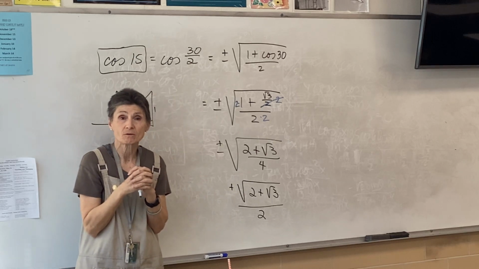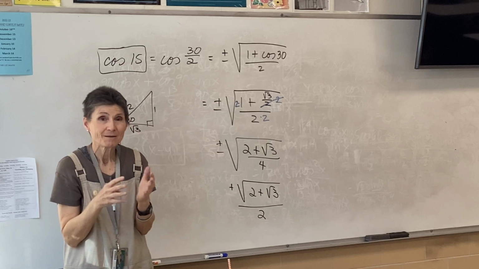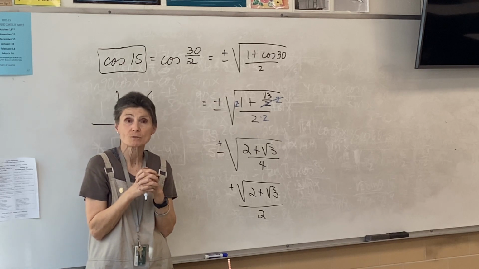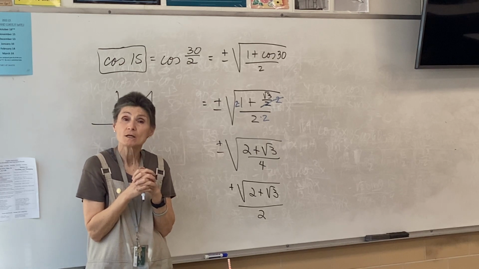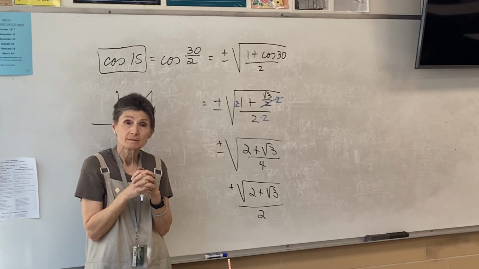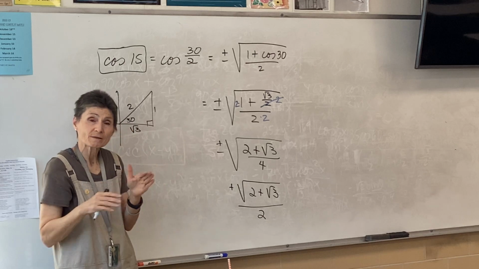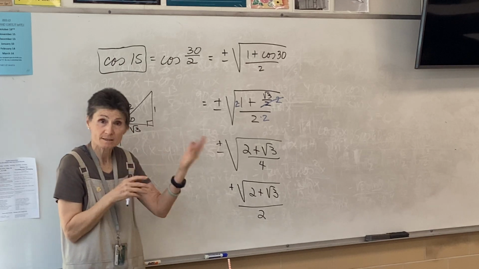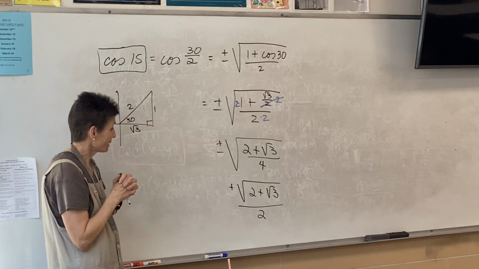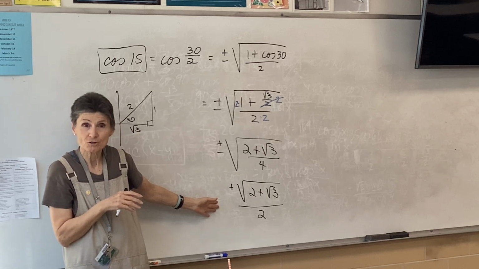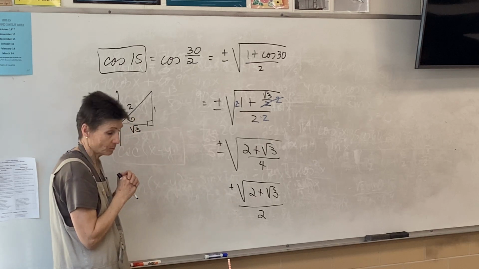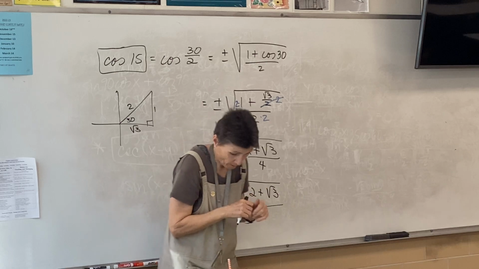If we had an angle that was in quadrant 2, then we would take the negative because cosine is negative in quadrant 2. Cosine is x. In quadrant 1, it really doesn't matter. Everything's positive. But as you move around different quadrants, remember cosine is x, sine is y. And there is your answer. Whew, yucky.